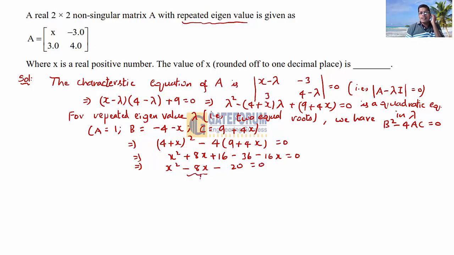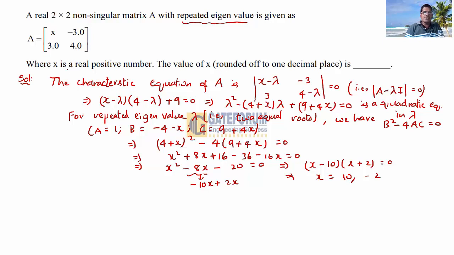So minus 8x can be written as minus 10x plus 2x. Minus 10 plus 2 is minus 8, and minus 10 into plus 2 is minus 20. Exact factorization. So this can be written as x minus 10 into x plus 2 equal to 0, which implies the two values of x are 10 or minus 2.